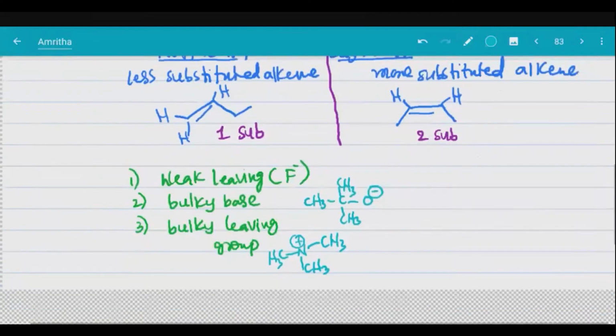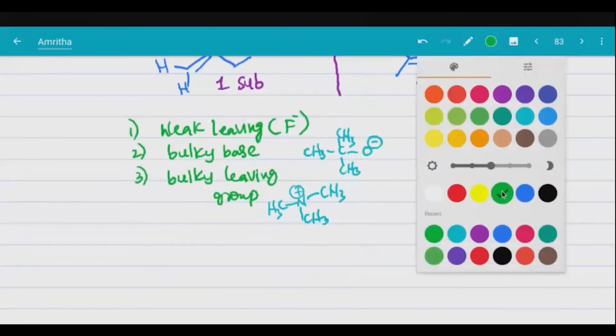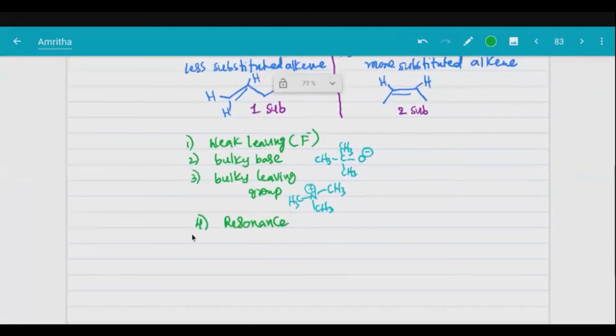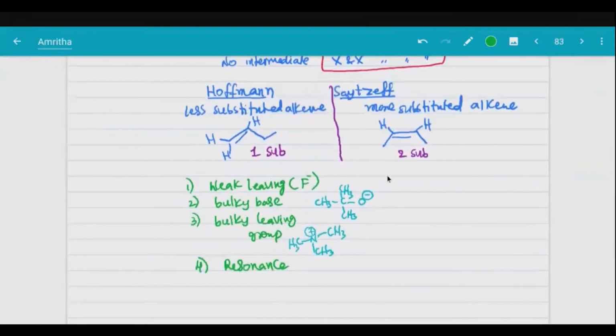And also you take care of resonance. Don't forget resonance. Sometimes resonance may favor the less substituted alkene, which is more stabilized by resonance. So these are the 4 cases where we get Hofmann, otherwise we get Saytzeff, more substituted.